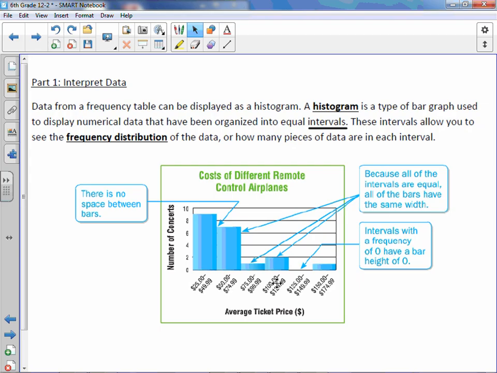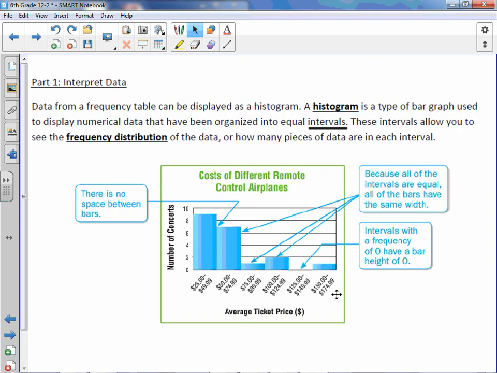We still have to include it on our histogram, but that bar would just be non-existent, and the next bar would come right after it. Okay? Because all these intervals are equal, our bars have to be the same exact width. It also starts right up against this vertical line or y-axis.